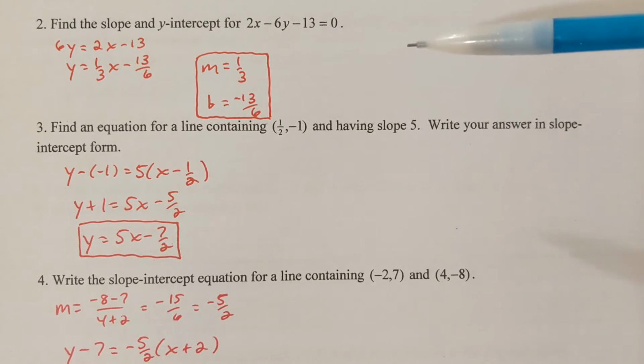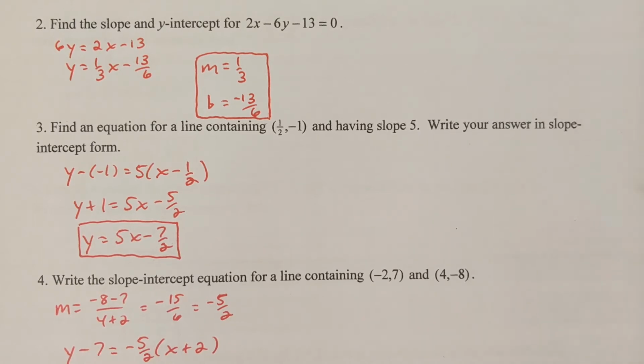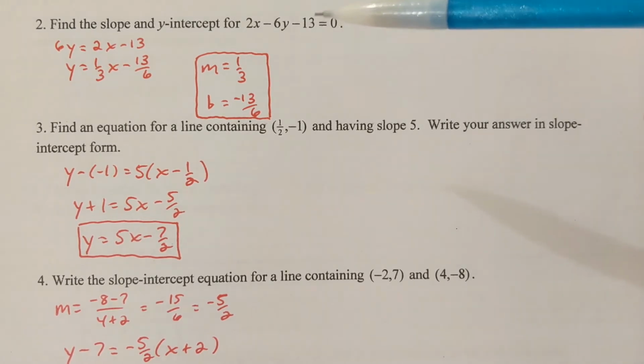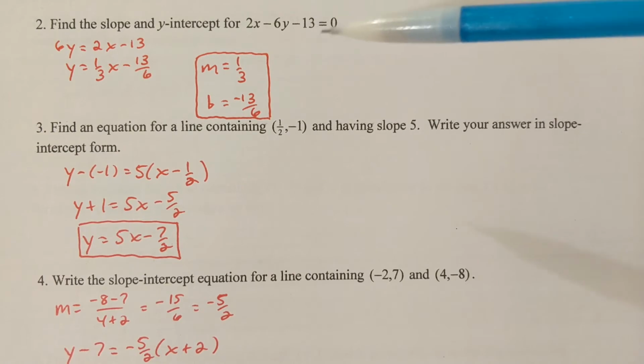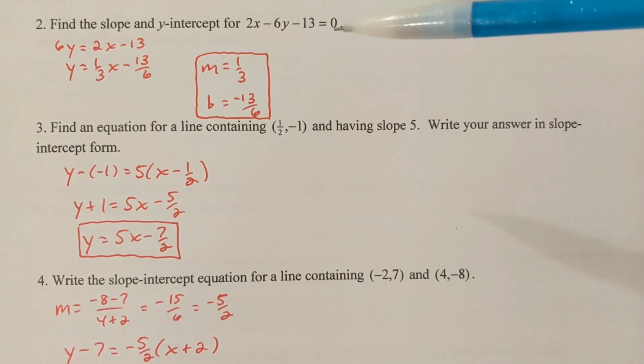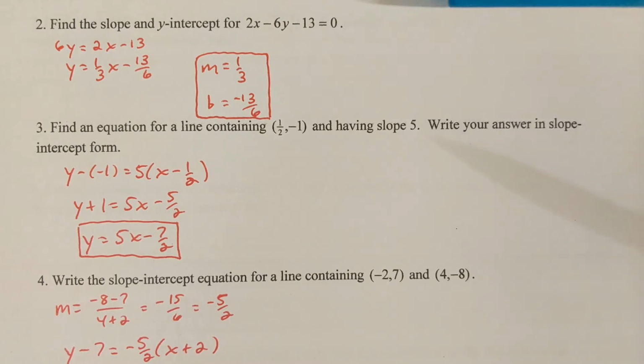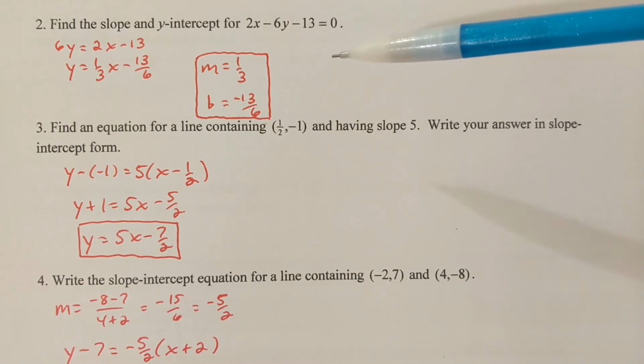Problem 2, find the slope and the y-intercept for 2x minus 3y minus 13 equals 0. We call this general form, and there's a little bit mentioned on general form, although the main two forms of a line are up at the top, slope-intercept form and point-slope form.